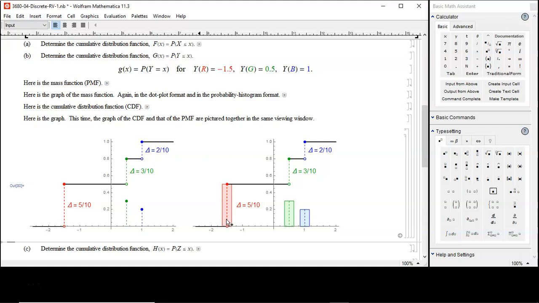Or you can associate these with probability histograms, and this jump is the same as the height of this rectangle. This jump corresponds to the height of this rectangle. Personally, I prefer the dot plot.